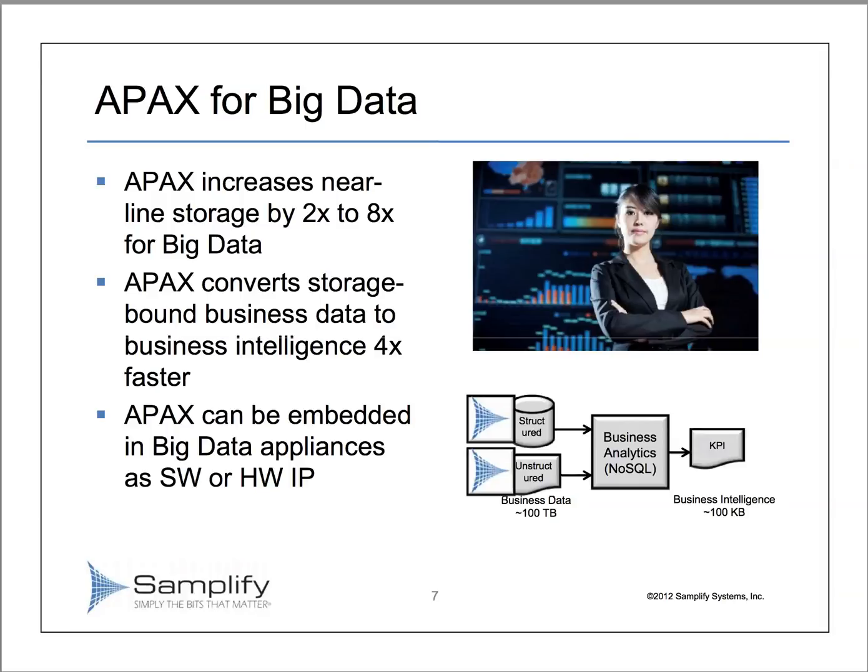And a big trend with these big data appliances is actually creating custom hardware to do these big data applications, with a lot of encoding and compression technology moved much closer to where the data is stored, rather than waiting till it gets to the CPU.